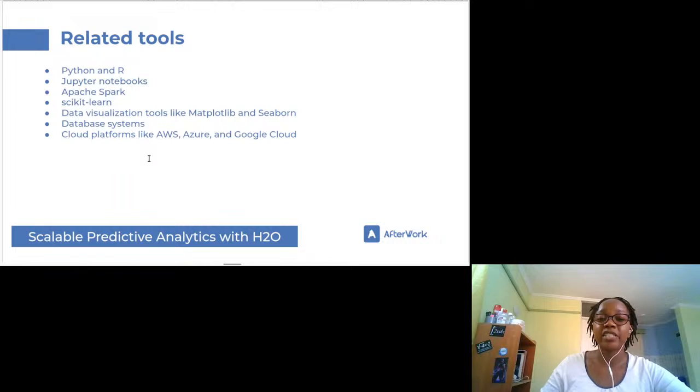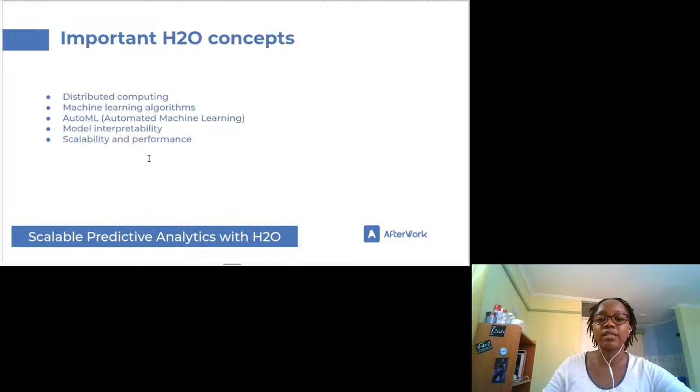We have Apache Spark, which is used for distributed computing. We can also use scikit-learn alongside H2O. And then we have data visualization tools like Matplotlib and Seaborn, and database systems and cloud platforms like AWS, Azure, and Google Cloud.